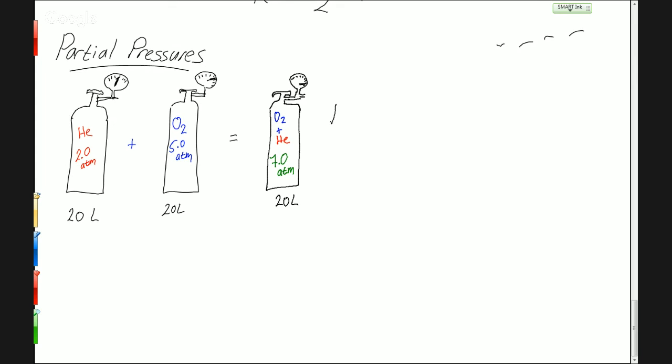So our total pressure in that container is 7 atmospheres.